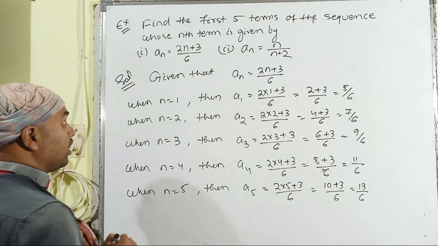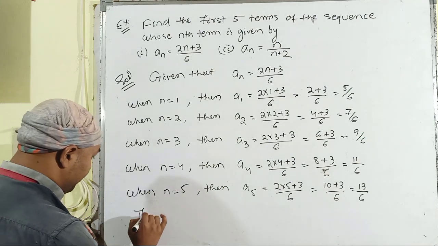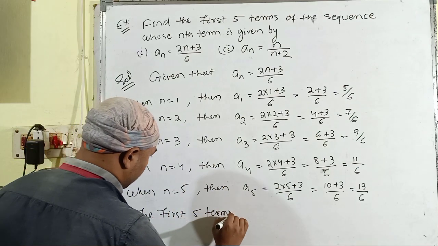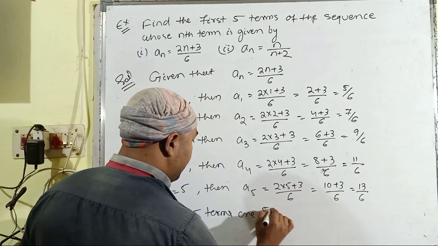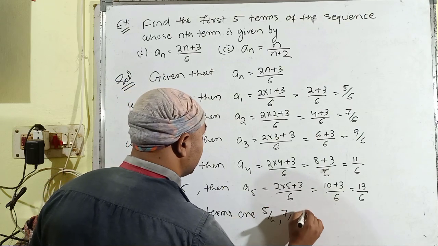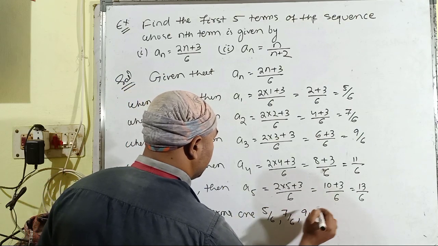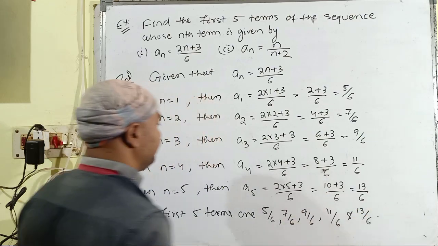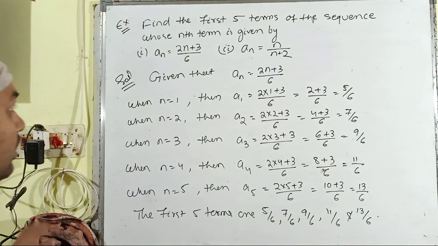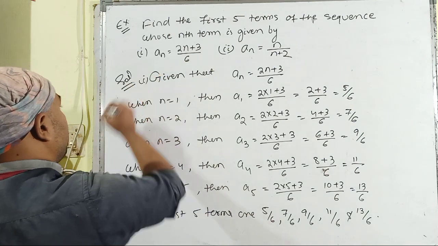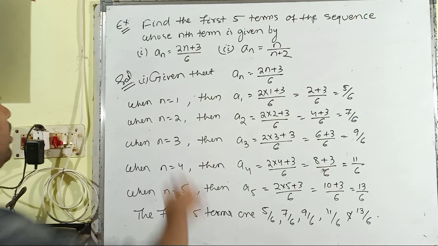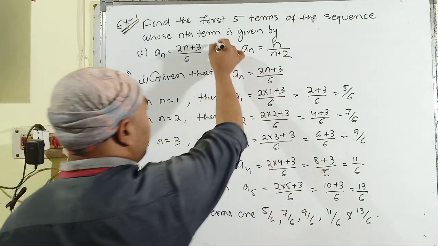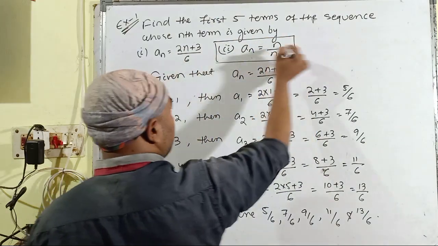The first 5 terms are 5 by 6, then 7 by 6, then 9 by 6, then 11 by 6, and 13 by 6. And this is the first part of the given example number 1. And the second one is a task for you.